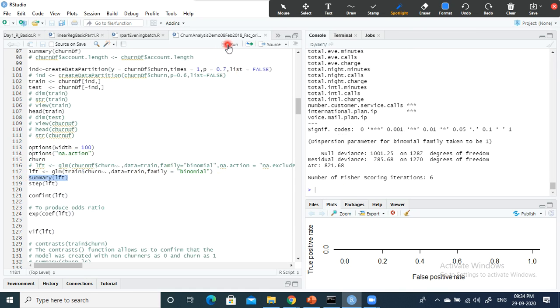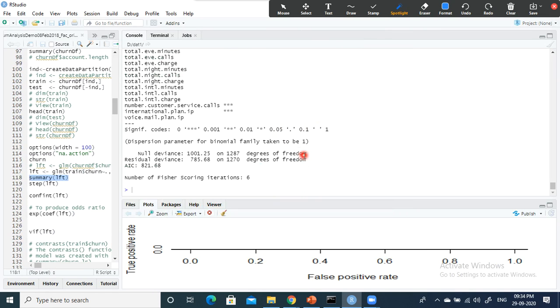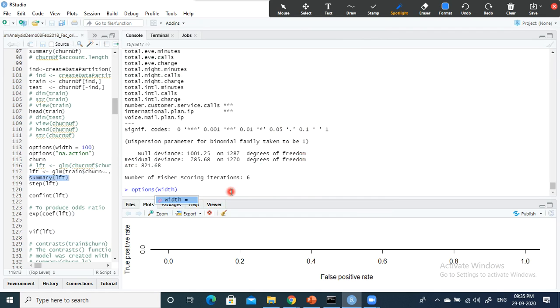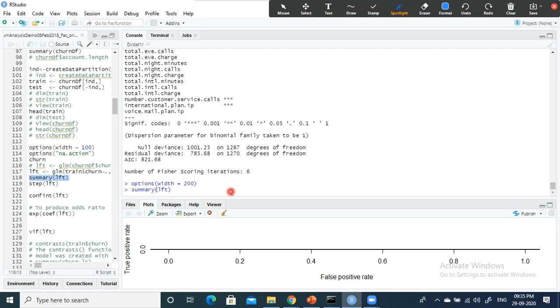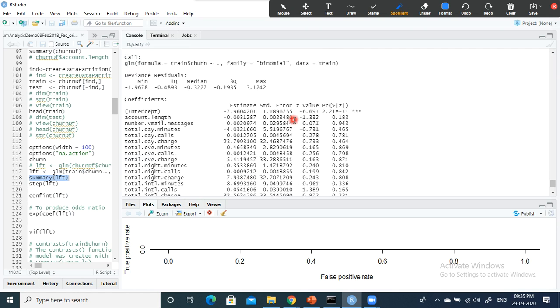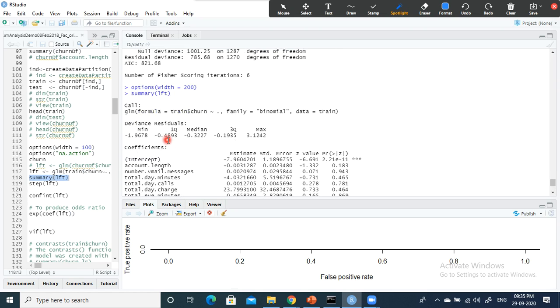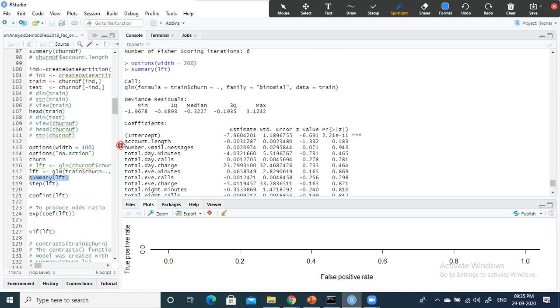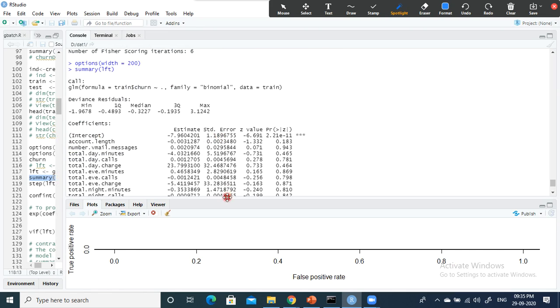Fine. The next one is summary of the fit. Look here. This sets the options width, so that we can see the output without wrapping it to the next line.